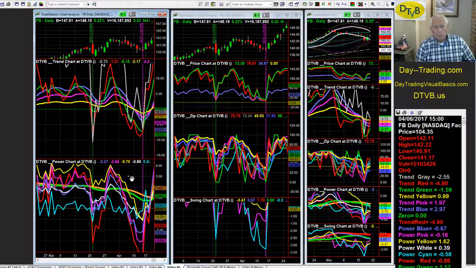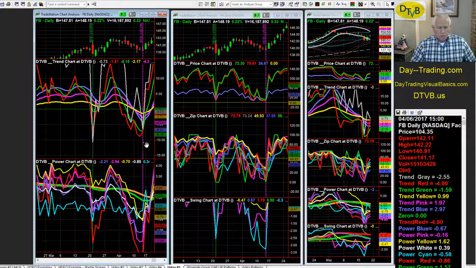They typically run closer together than on your trio lines. That's not necessarily true as much there because they're separated a lot more. But it is reasonably true on the swing chart as well. When your lines cross under your swing red or your swing green or the zero line, it has a tendency not to go back up.